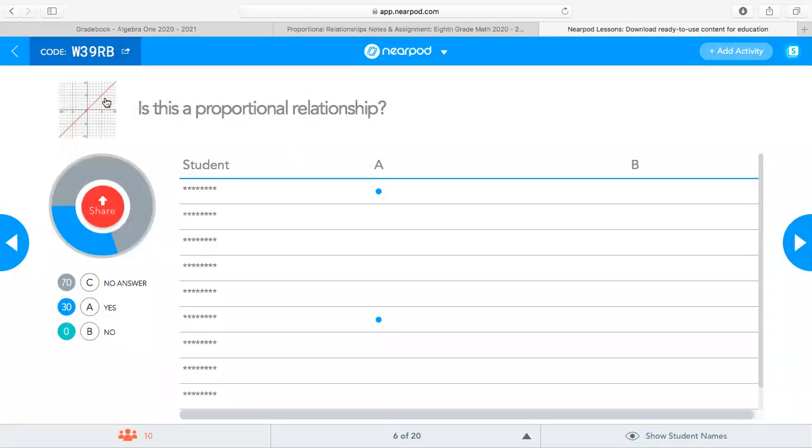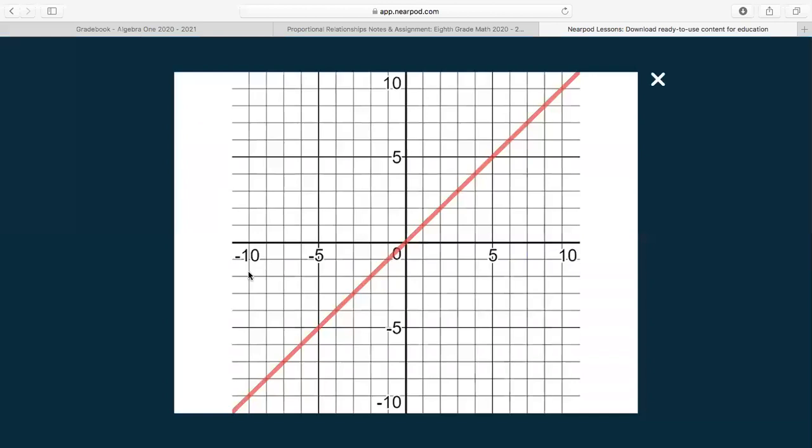All right, so I'm just waiting on everyone to answer on the poll on the Nearpod. 10 seconds remaining. So you're trying to figure out if this graph is proportional.